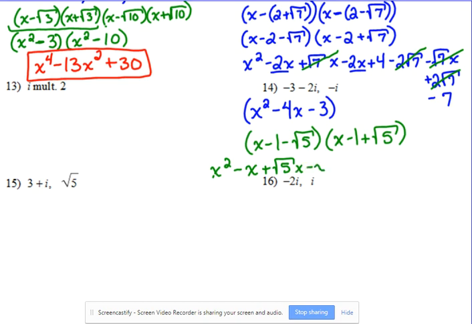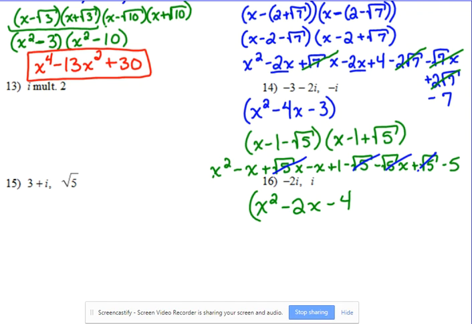Distribute the negative 1. Minus x plus 1 minus the square root of 5. Distribute the negative square root of 5. Negative square root of 5x plus the square root of 5 minus 5. What cancels? Pretty much every time the square root stuff is what's going to cancel. So we've got x squared minus 2x, 1 minus 5 is negative 4.